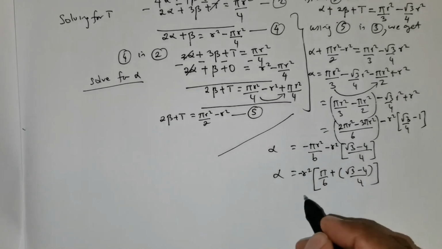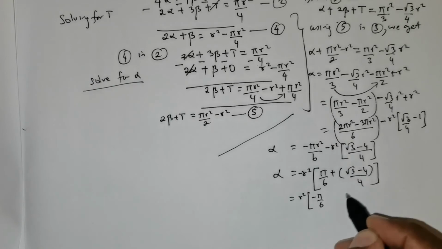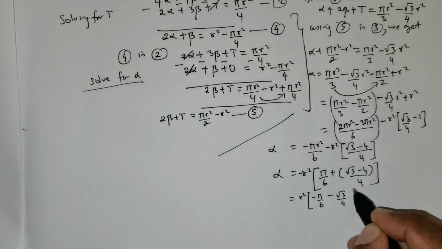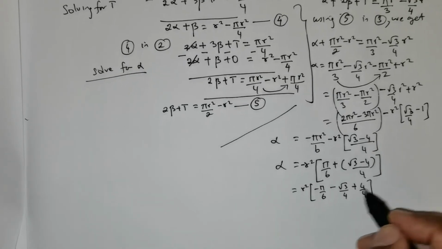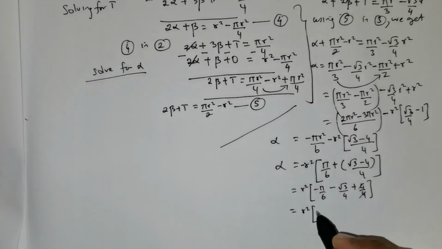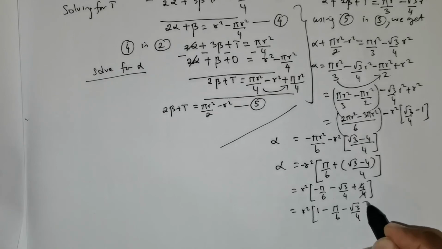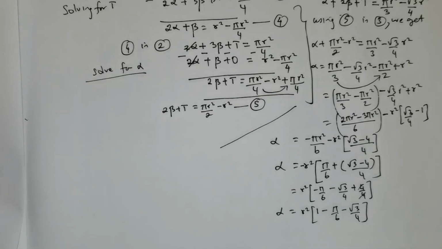So taking the negative sign inside, this would be r squared of negative pi over 6, negative root 3 over 4, and positive 4 over 4. I can rewrite this as r squared of 4 divided by 4, which is 1, followed by negative pi over 6, negative root 3 over 4. So this is the value of alpha.